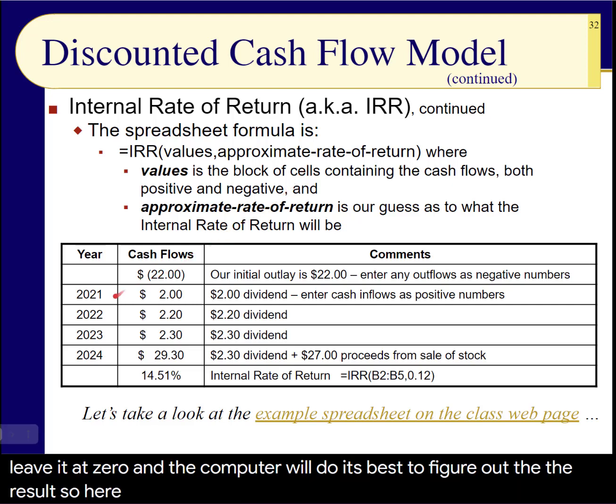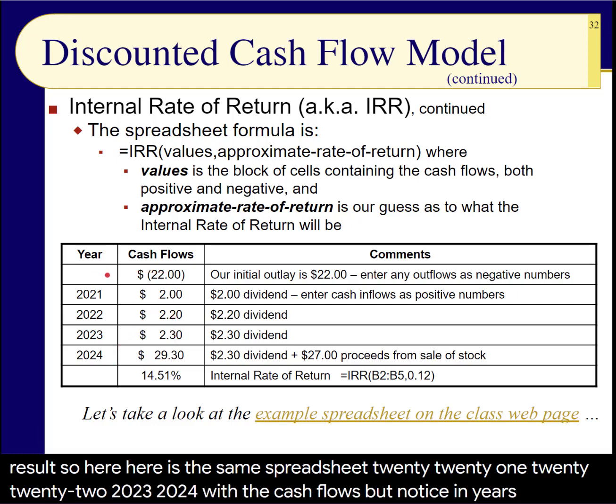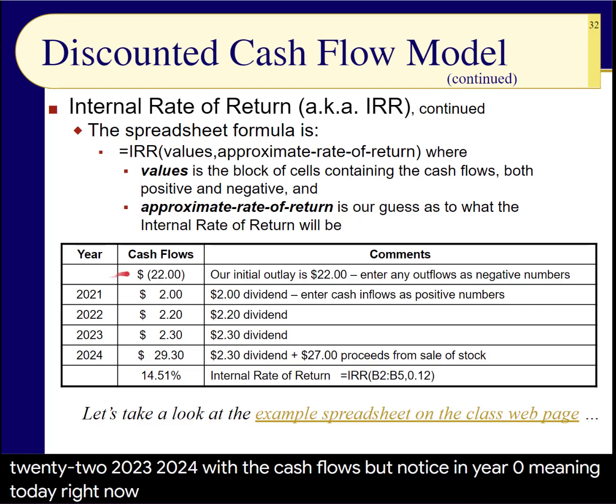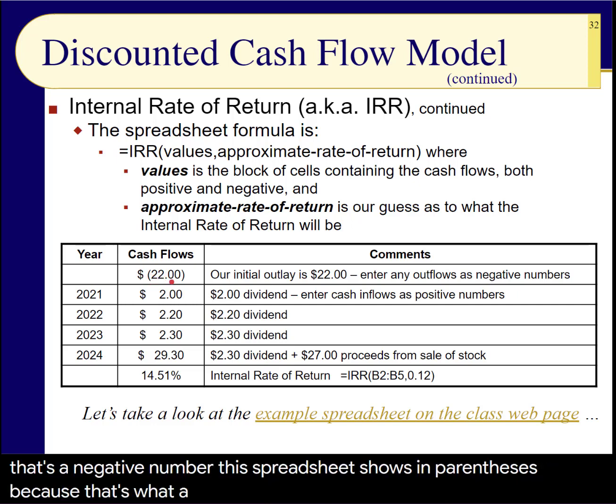So here's the same spreadsheet, 2021, 2022, 2023, 2024, with the cash flows. But notice, in year 0, meaning today, right now, we have to pay $22 for the stock. That's why it's a negative number. The spreadsheet shows it in parentheses because that's what accountants use.